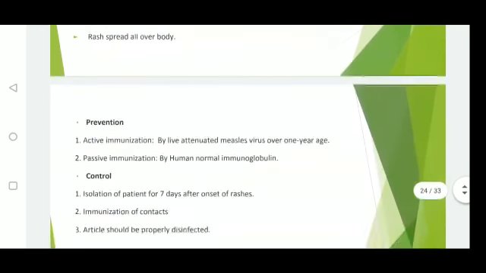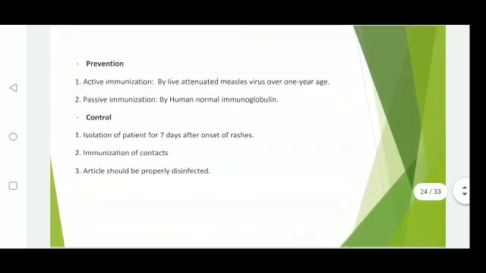Then we can see the prevention. Prevention is divided into two categories, active immunization and passive immunization. Active immunization is given by live attenuated measles virus over 1 year of age, or we can give it at the age of 9 months, or within the 1 year.